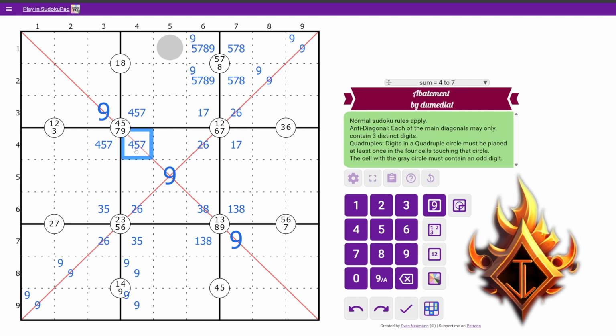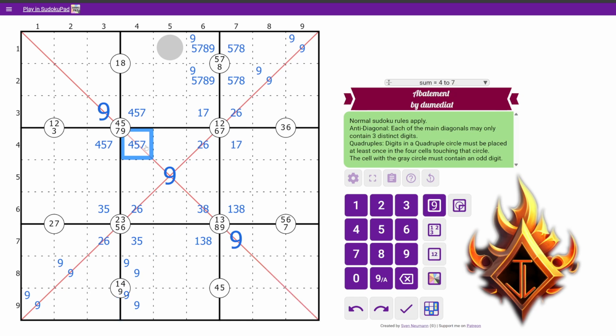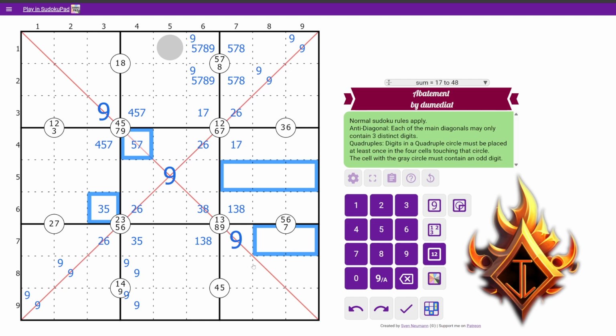A 4, if a 4 was here, a 4 would go here. So it could not be on that diagonal. It would have to be on this one though. The 4 would go there, and then the 4 would go up here where it can't belong. That is not a 4. What about a 5 then? A 5 would have to be there. It would have to be in one of these, so it would have to be here.